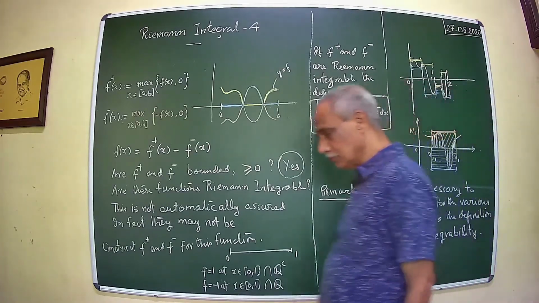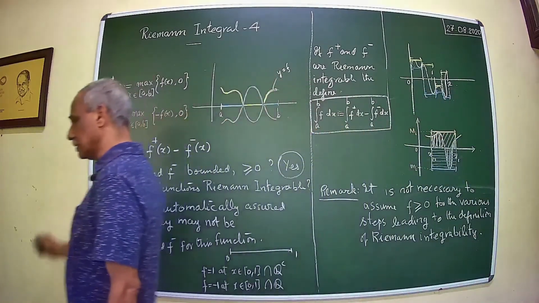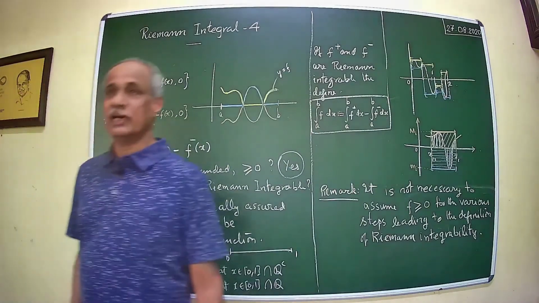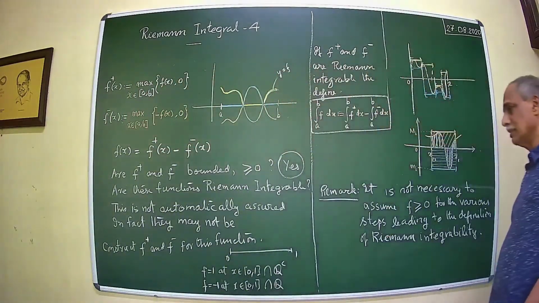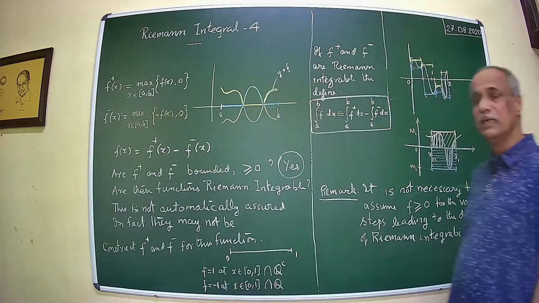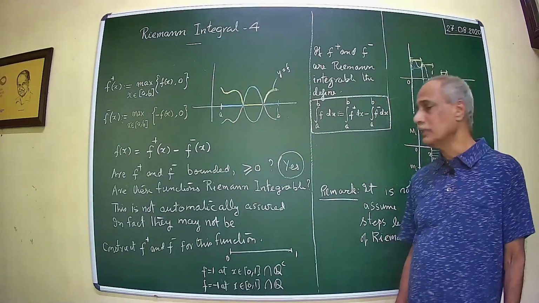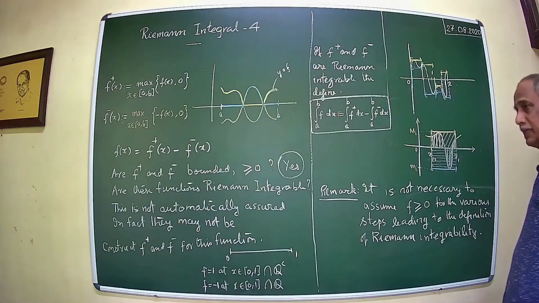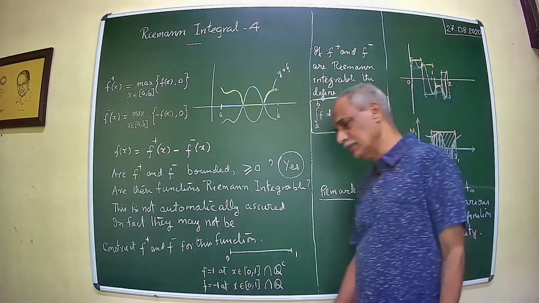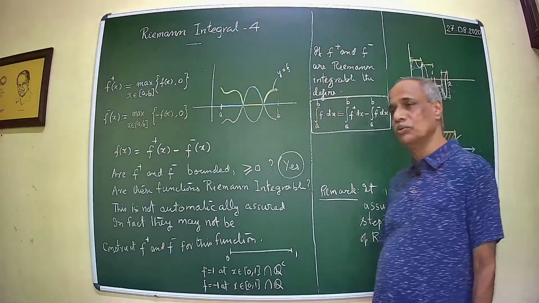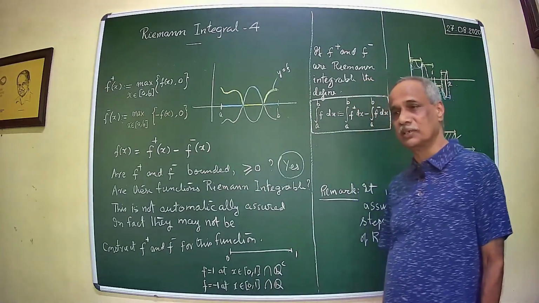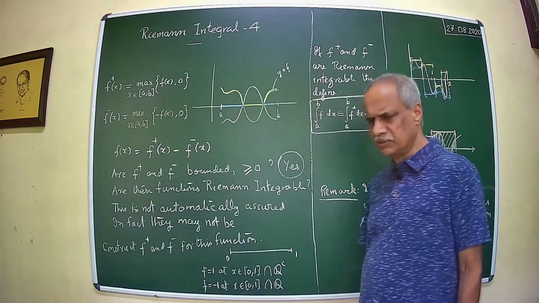Therefore, the supremum of the lower sums exists and the infimum of the upper sums exists. So that will give you what you call the lower integral and the upper integral. And if the lower integral is equal to the upper integral, then you say the function f is Riemann integrable.